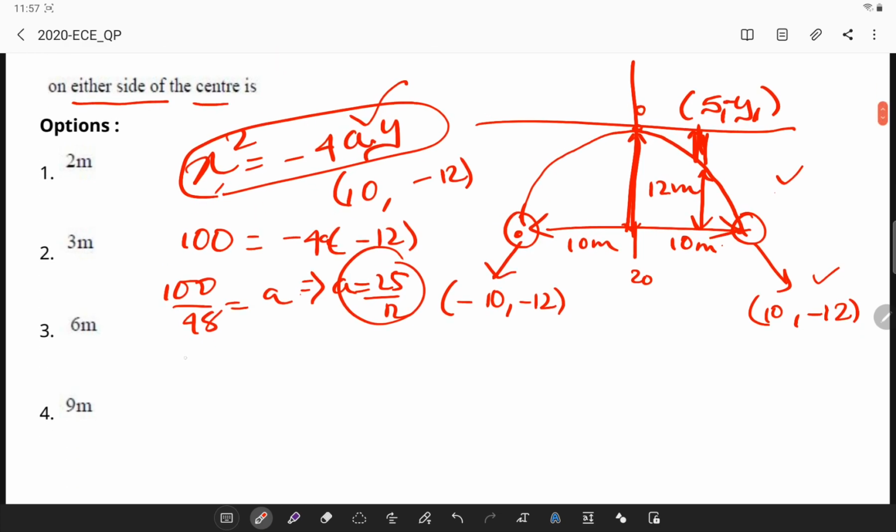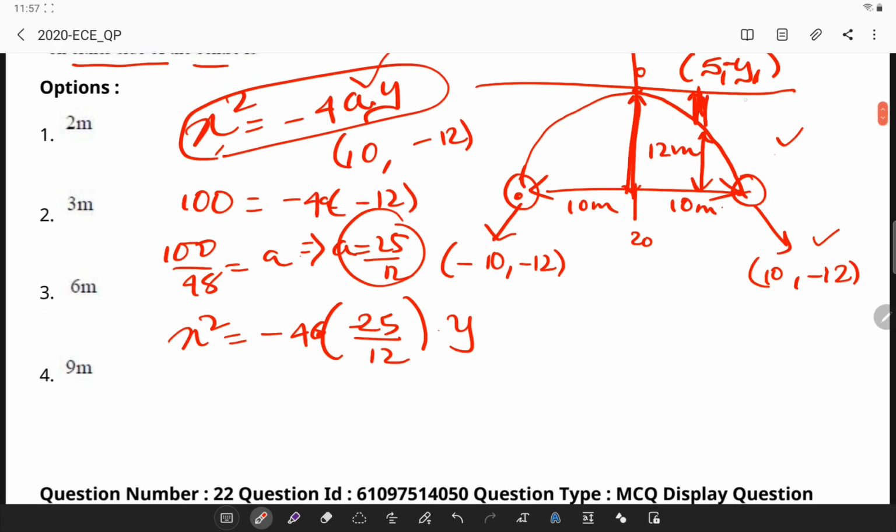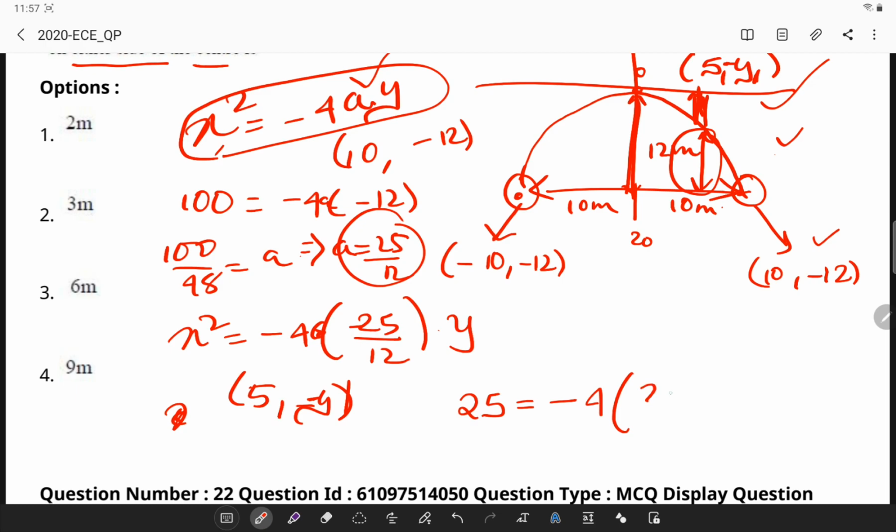So I have the equation as x square is equal to minus 4 into 25 by 12 into y. Now I will substitute this particular point, because I am supposed to calculate this value. So here 5 comma y, if I substitute, it is 25 is equal to minus 4 into 25 by 12 into minus y1.